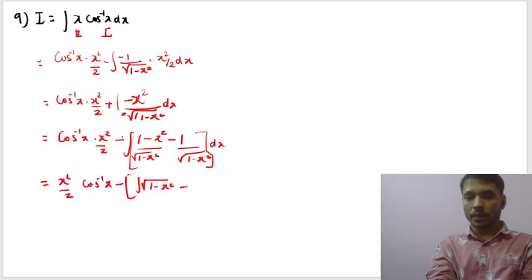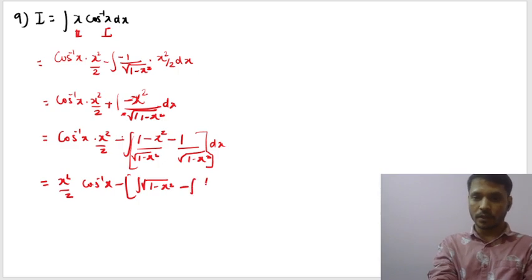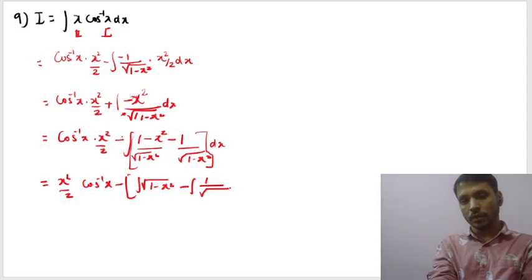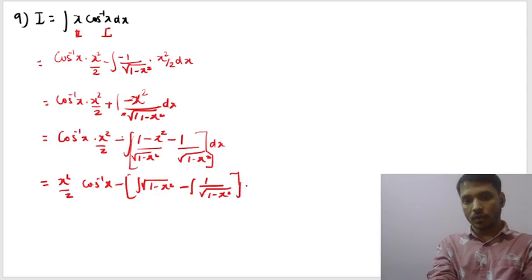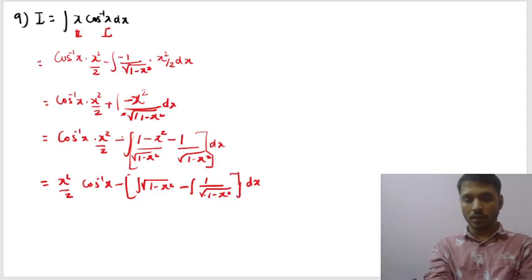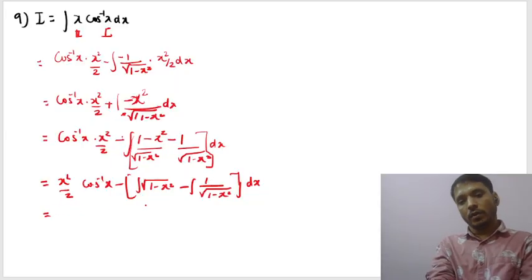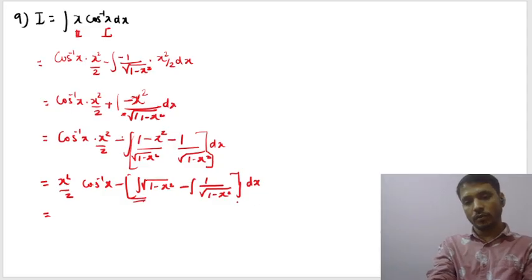And here we are getting minus 1 by, here also I am taking separately, under root of 1 minus x square like this. So out of this, I'll write dx, that is for both. Right, now we have to write the formulas for this.